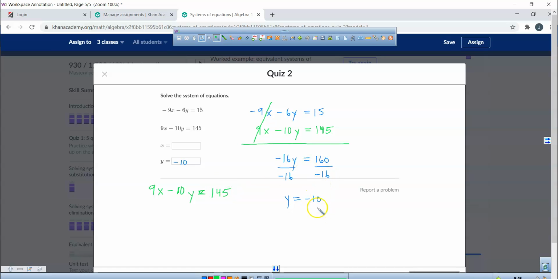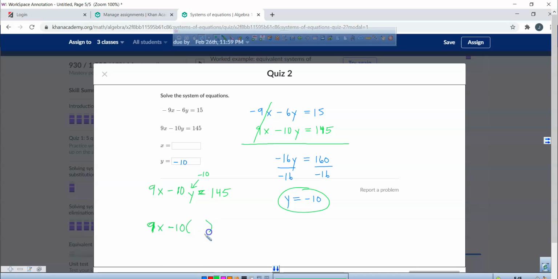So what number am I going to plug in there for the y value? Yeah, I'm going to plug in a negative 10. So what would this look like? That's 9x minus 10, open parentheses, negative 10, equals 145.